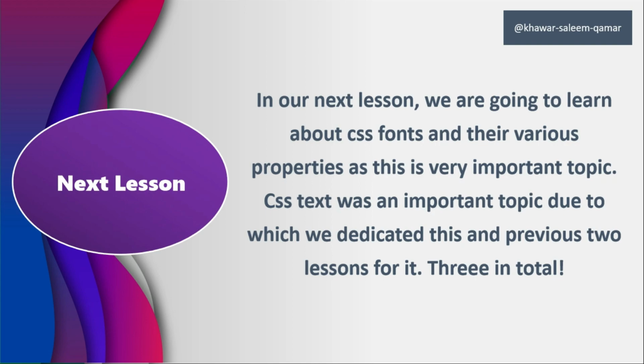So from now on, in our next lesson, we are going to start reading about CSS fonts and various other properties which are actually important for our front end as well. I needed to tell you that text is an important element of our front end. That's why we gave it 3 lessons, this one and 2 previous lessons. So pardon this mistake of 3.